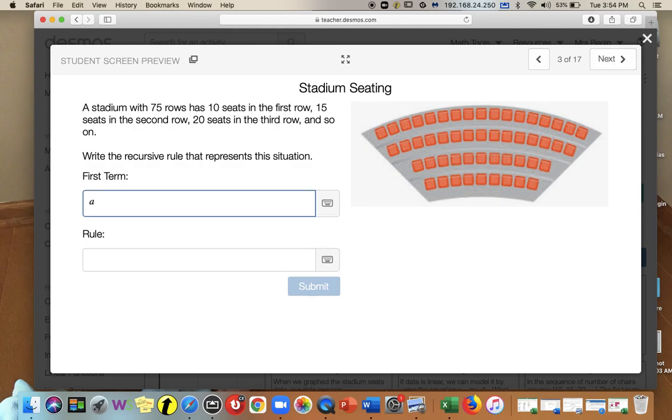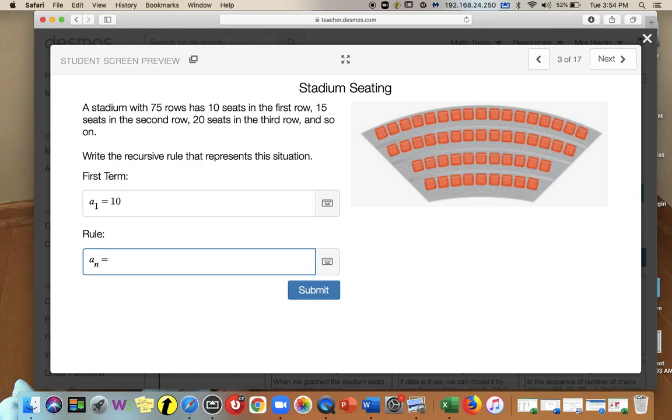So we'll say a sub 1 equals 10. Start with that. And notice the seats are increasing by 5 every time. So again, another arithmetic sequence. So we'll say for any row, a sub n, to find the number of seats in the row, you would take the row before it, so a sub n minus 1, and we're going to add 5 seats to the previous row to find the next row. And then you would submit your answer.